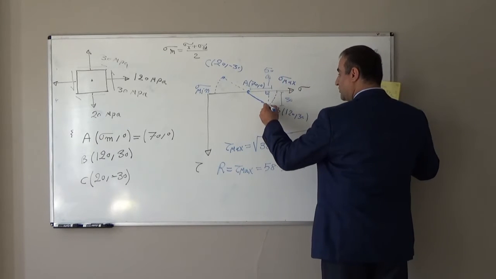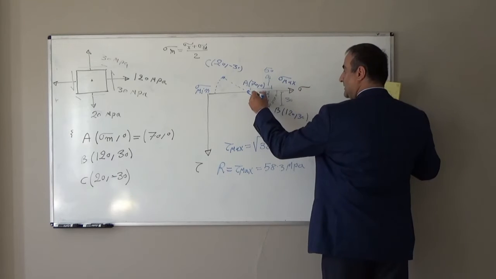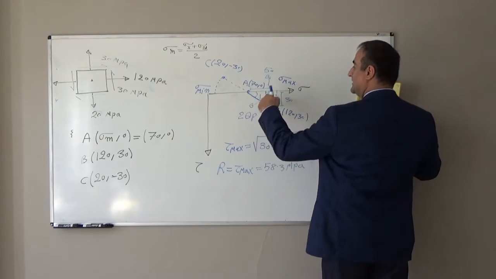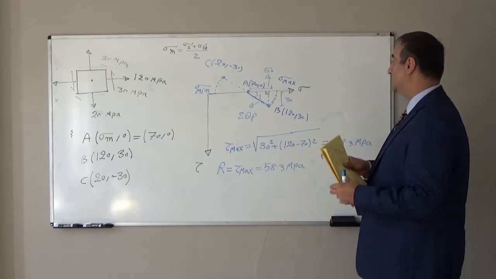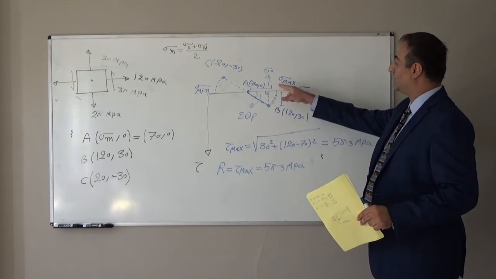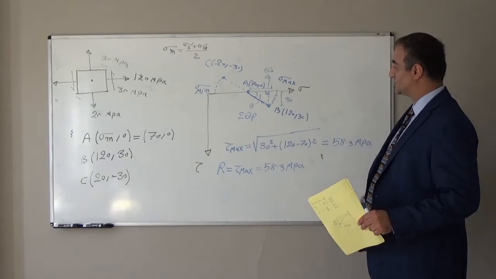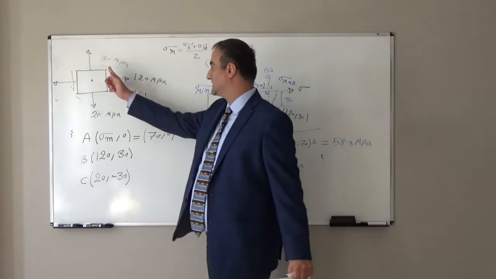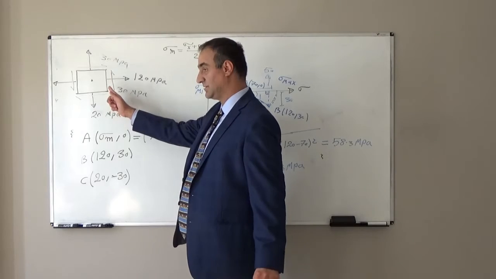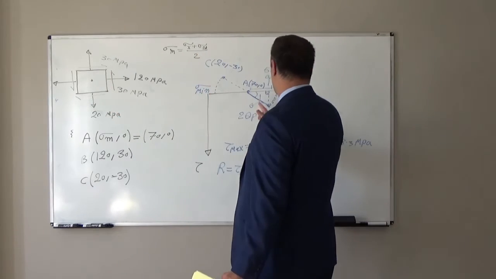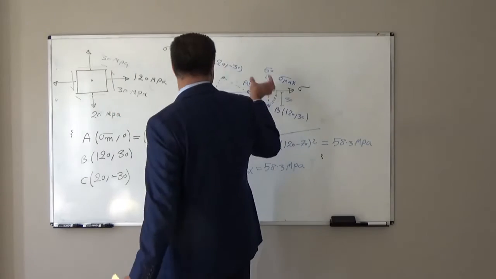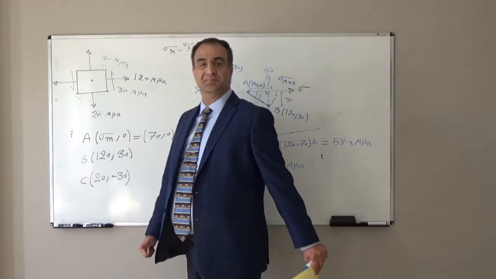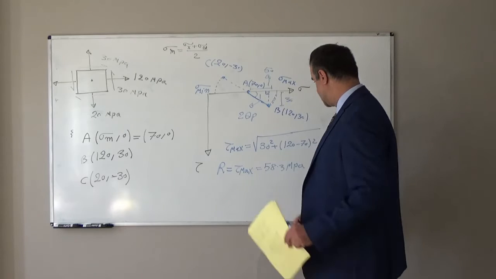If we rotate point B by 2 theta P, it will become sigma max. So we rotate point B, this face of the element, by theta P counterclockwise. This face will be toward the maximum normal stress.